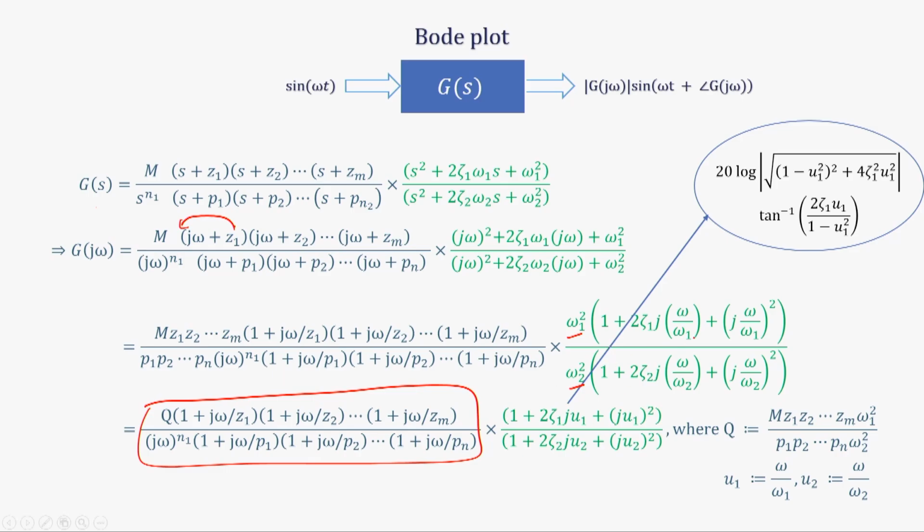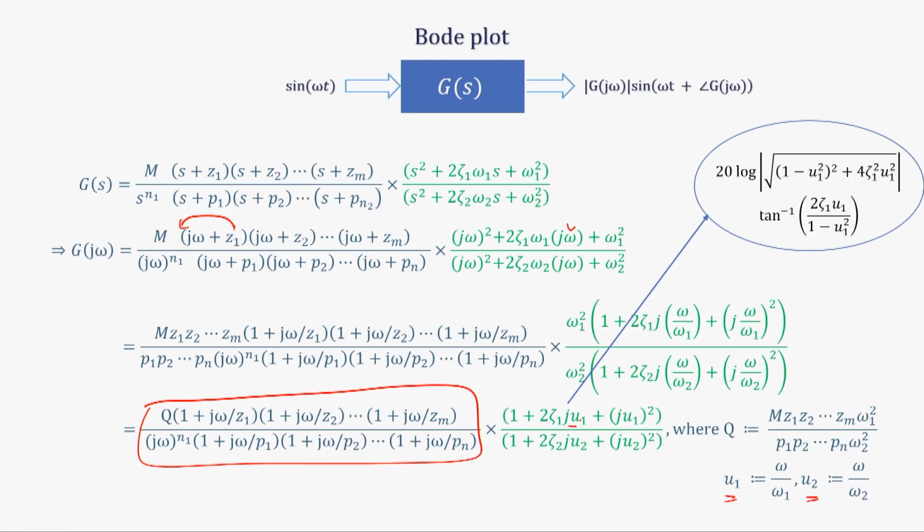Here omega by omega 1 I am defining as u1, omega by omega 2 is defined as u2. Okay. Do not get confused here, omega 1 is a known number, it is a part of the transfer function itself, whereas the term omega here is the one that we are sweeping. So, omega is being replaced from 0 to some number, you are sweeping the frequency, and this expression gets evaluated at that point.